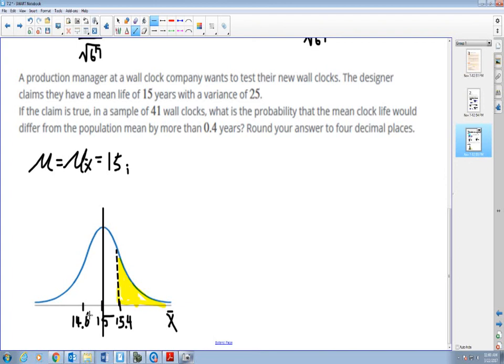More than 14.6 on this graph does not mean to the right of 14.6. Okay, it actually does not mean that.